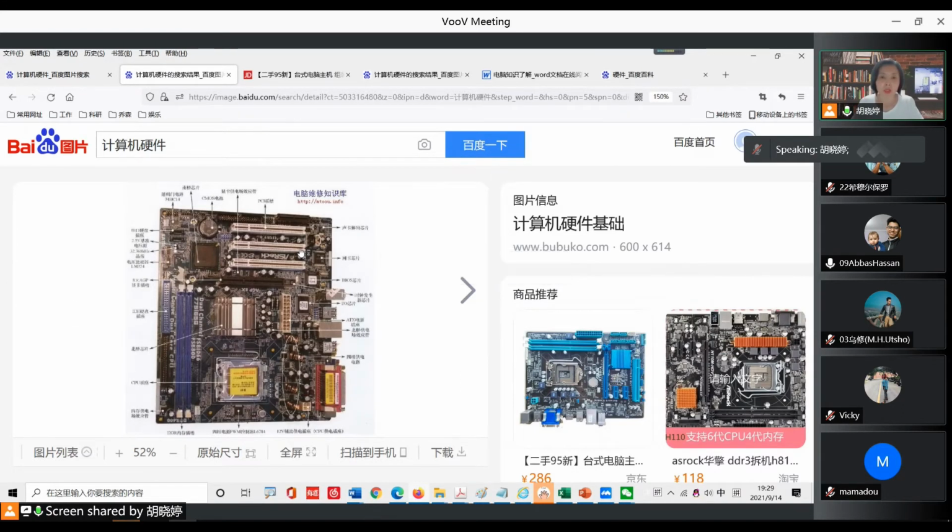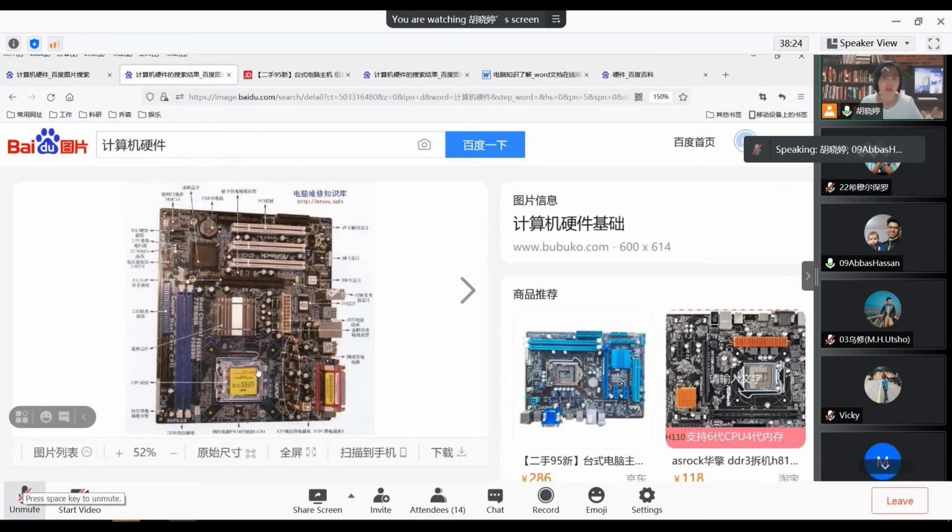So we can insert some memory, and here is a CPU. We can use different kinds of package styles to collect these devices into this mainboard. Intel or AMD Ryzen, Core i.